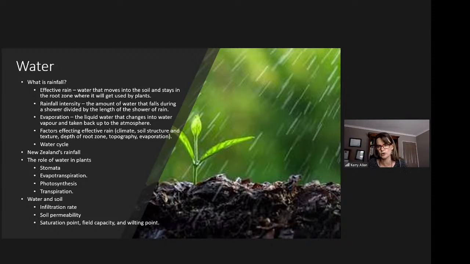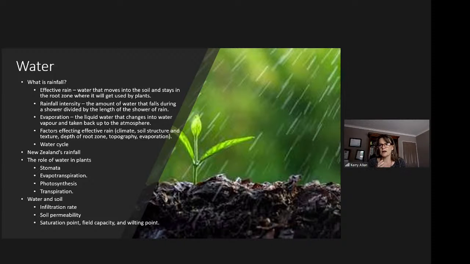And it's dependent on your crop once again. Other factors also affect how much effective rainfall we have, and that is climate, soil structure, so the type of soils you have, whether it's volcanic or clay, silt, loam, if you remember back, or the depth of your root zone, also your topography, is it flat, is it steep, and then once again your evaporation.